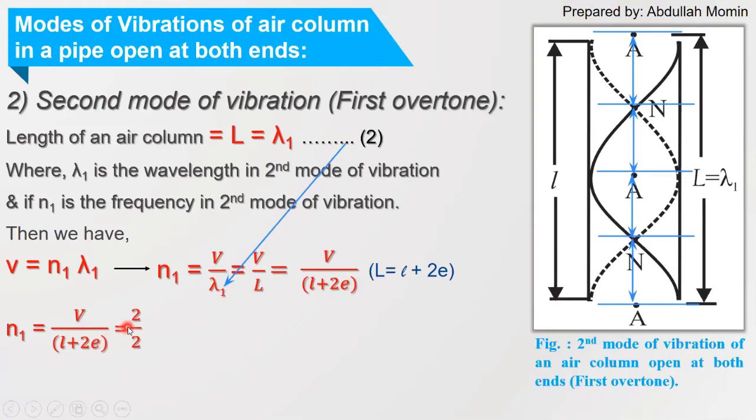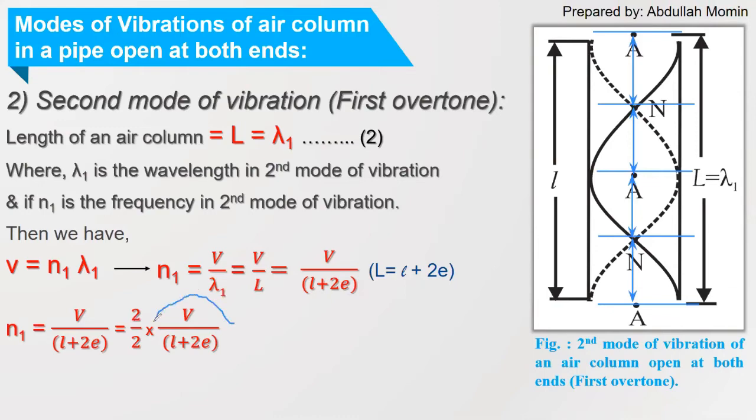Now we will multiply this equation by 2 and divide by 2. Why do we multiply by 2 and divide by 2?